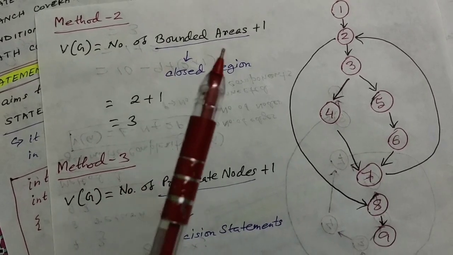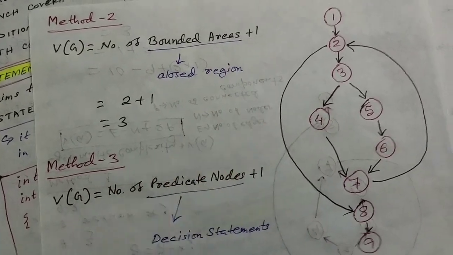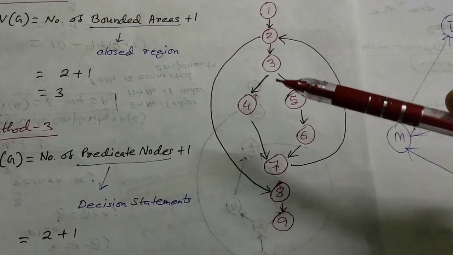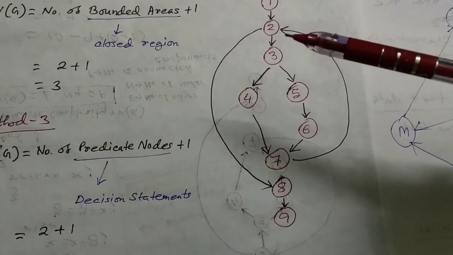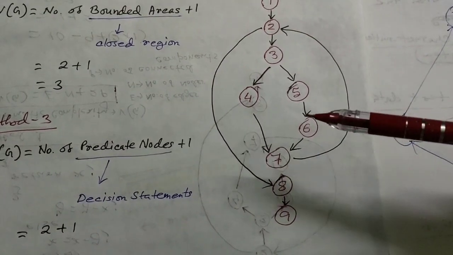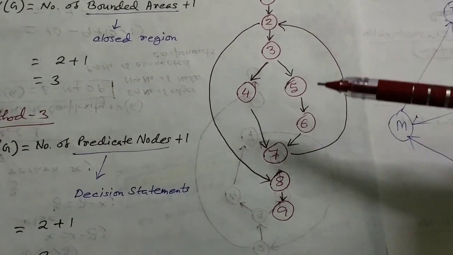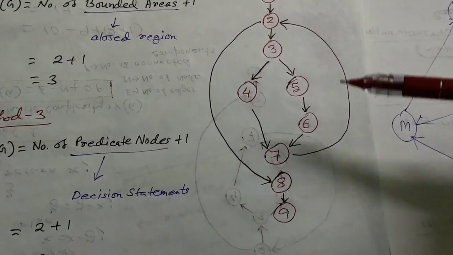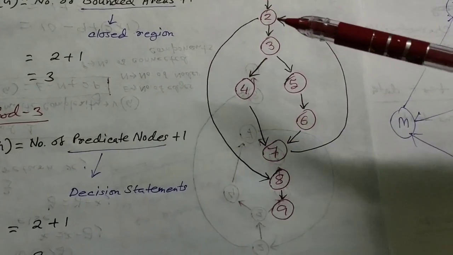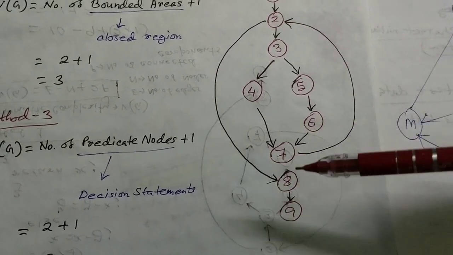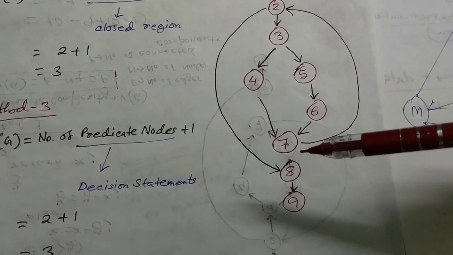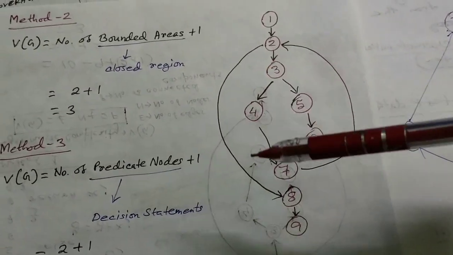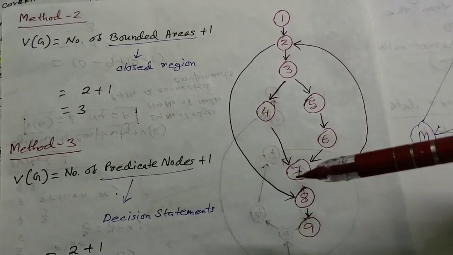Now coming to the next method, the cyclomatic complexity, Vg equals number of bounded areas or closed regions plus 1. See, the number of bounded regions here: this is considered as one bounded region, and also 2, 3, 5, 6, 7, 2, this is also another bounded region, or closed region. But we cannot consider 2, 3, 4, 7, 8, 2, because see, there is a gap, it is not bounded.